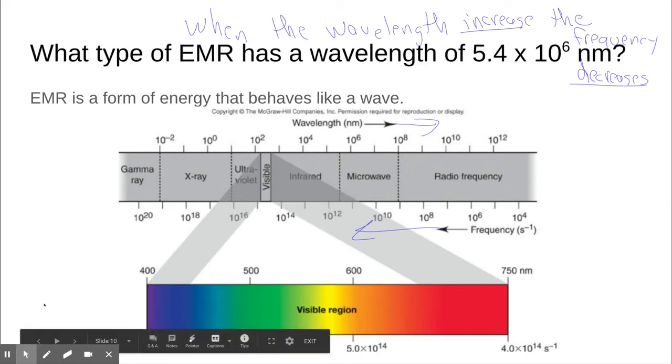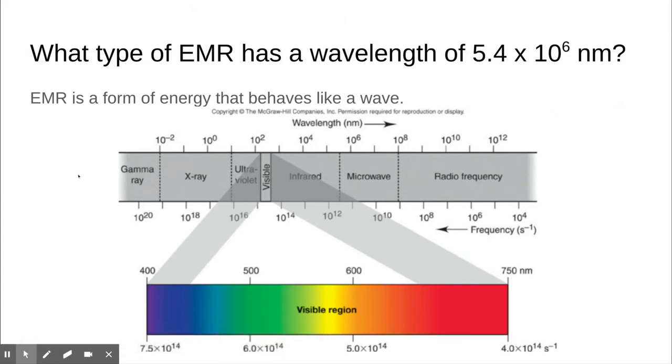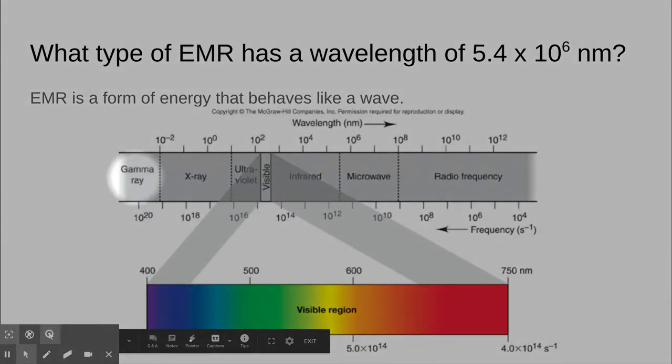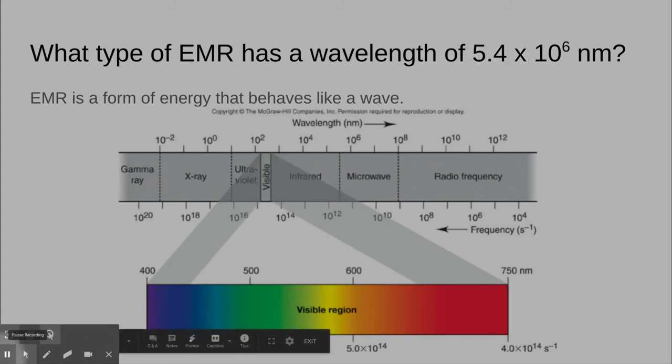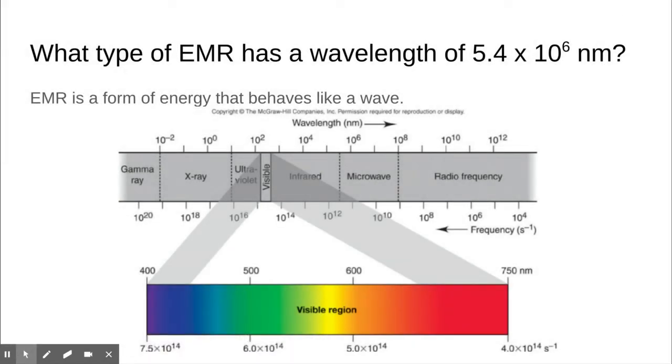Let's go on to another one. What type of EMR has a wavelength of 5.4 times 10 to the 6th nanometers? The types of EMR are right here in the center; this is what we're looking for when we ask for the type of EMR. I'm going to give you a short time to try to figure that out, and then I'll go through it.